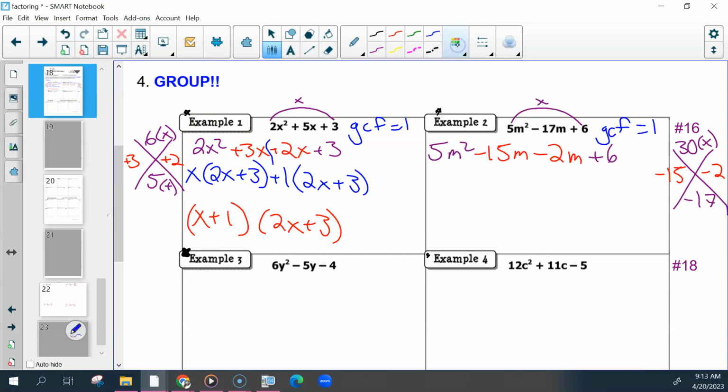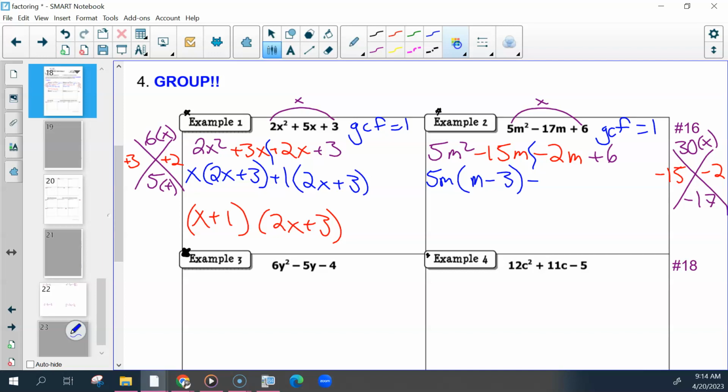And then split it down the middle. What do the first two have in common? M and not 3, but 5. There we go. We divide both of those by 5m. What's left? M minus 3. Good. Bring down your negative.